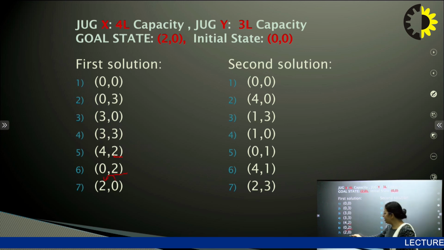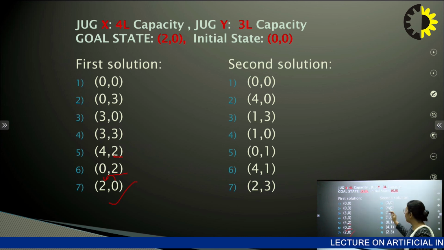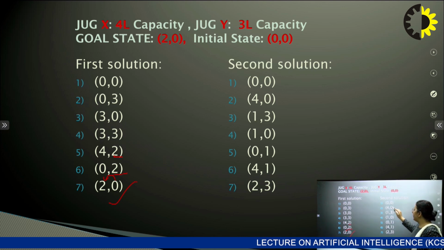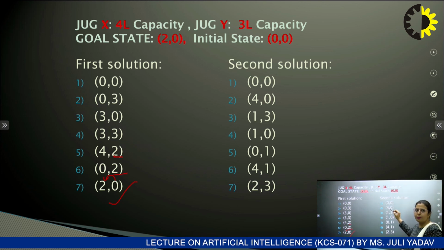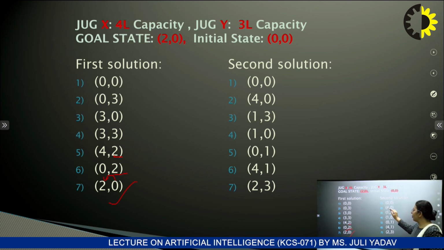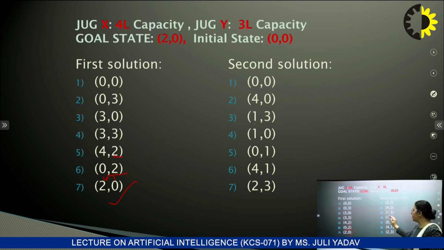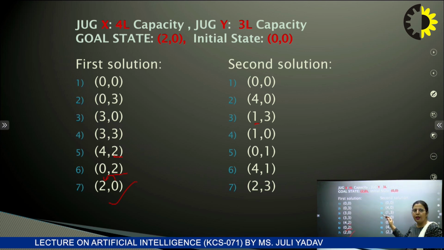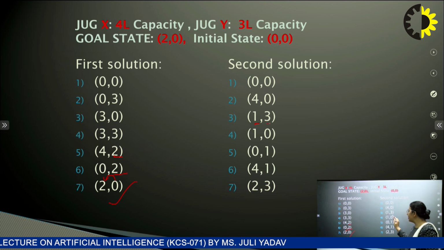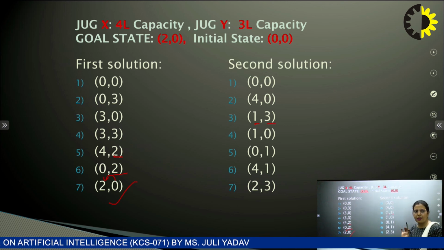So this is one solution, and there is another solution for that problem. Initially we fill both jugs. Then we transfer the water from jug A to jug B, so here only 1 liter is left, and we fill jug B completely, which has a capacity of 3 liters.